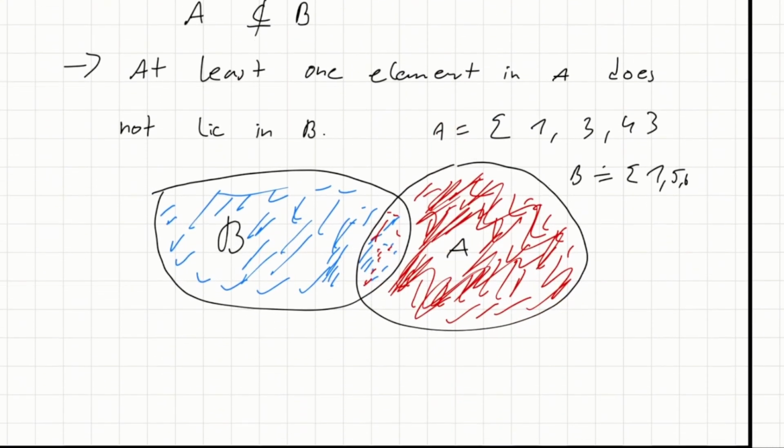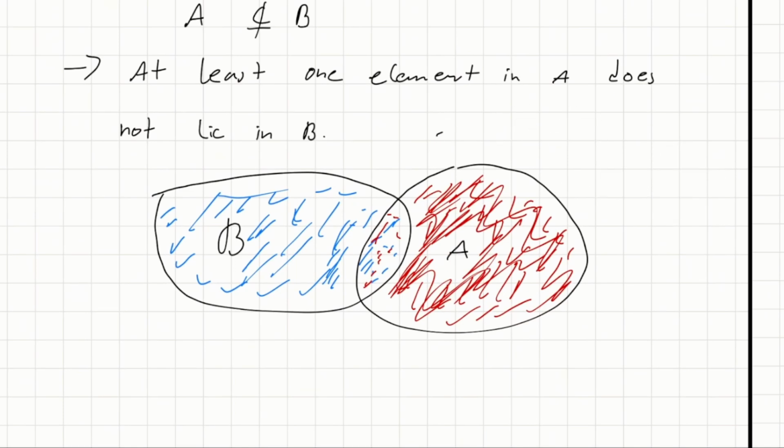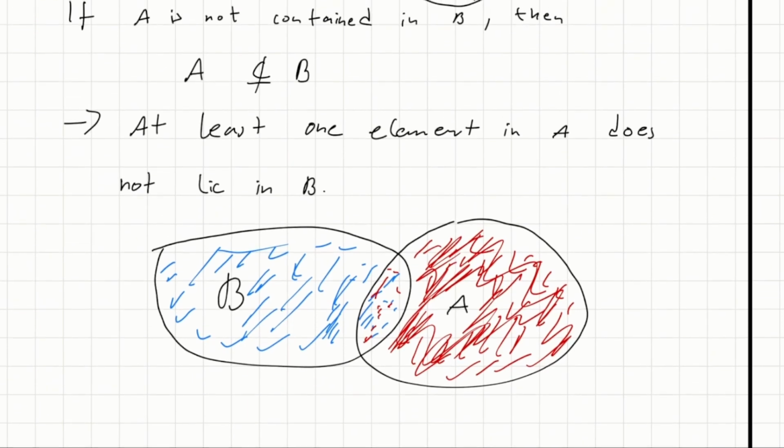We already see they have one element which is the same, but they are not a subset. So you can't say A is a subset of B. But you could say 1 is an element of both sets. This is possible, and you need this sometimes, but for our understanding right now, what is important is that if there is at least one element in A which does not lie in B, A is not a subset of B.